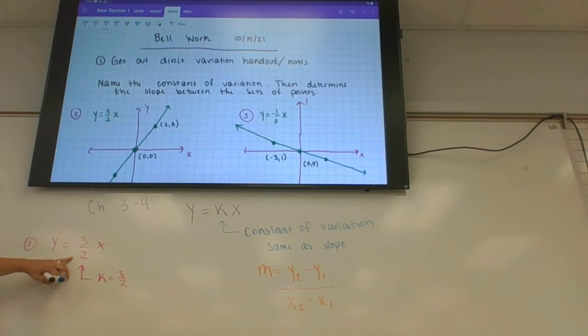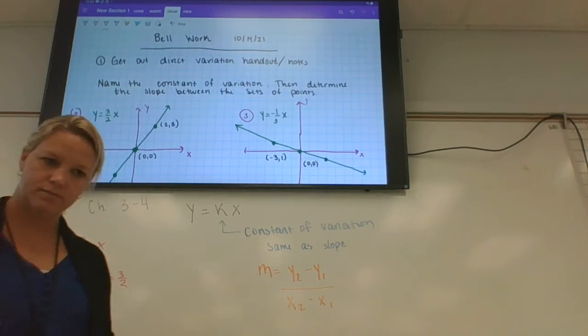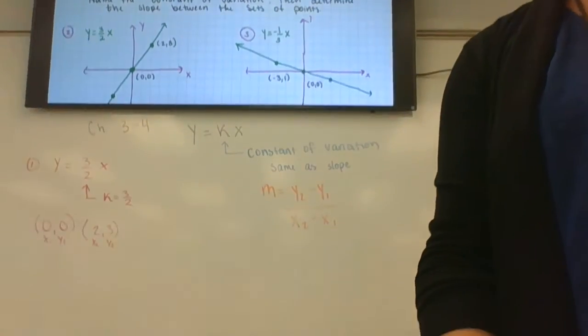So this number we can find by doing slope formula with these 2 points. So we'll do 0, 0 is x1 and y1, and 2, 3 is x2, y2. Go ahead and do the slope formula, and it should prove to match the number in the equation.